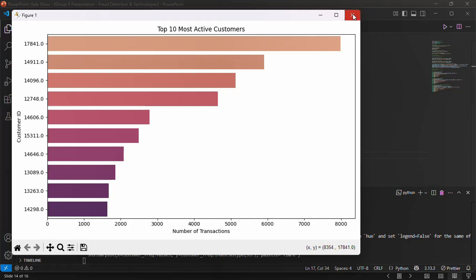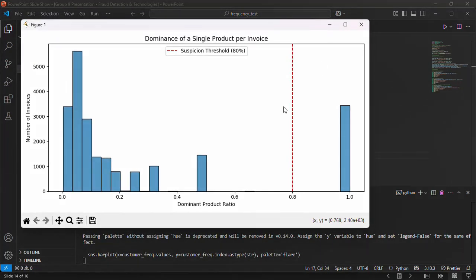In our final step of our frequency-based fraud detection, we analyzed invoice dominance. This means looking at how much a single product dominates each transaction. On this histogram right here, each bar represents how many invoices fall within a certain dominant product ratio.